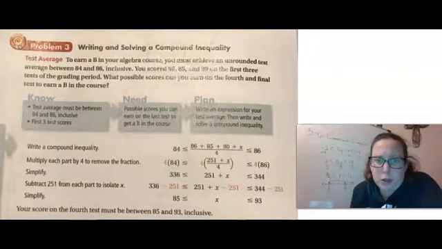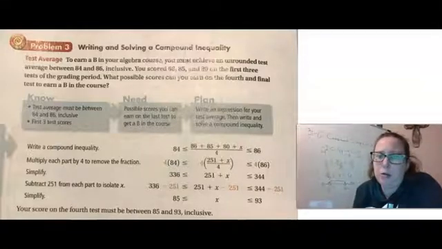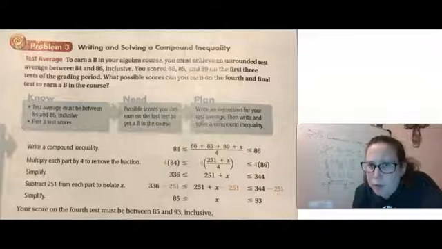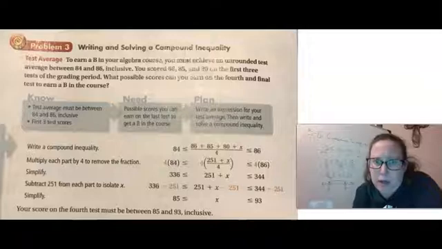So moving on to problem 3, we have our token word problem here. And it's talking about averages, test averages. And it says you want to earn a B in your algebra course. I hope you all want to earn A's, not B's. And to do that, you must achieve an unrounded test average between 84 and 86 inclusive.